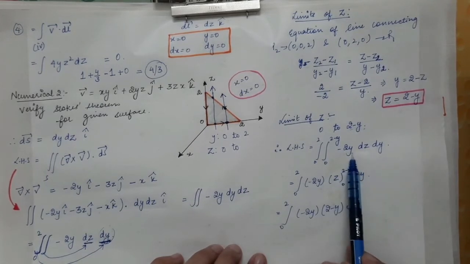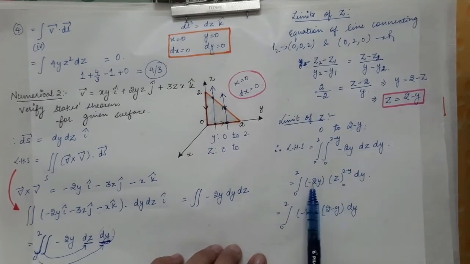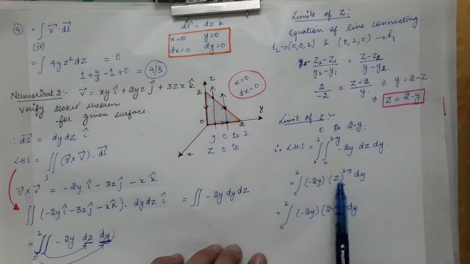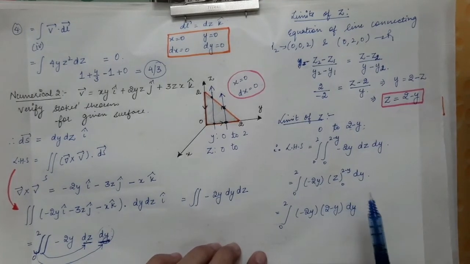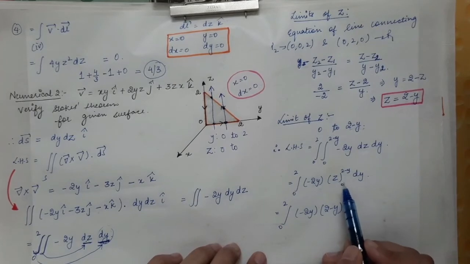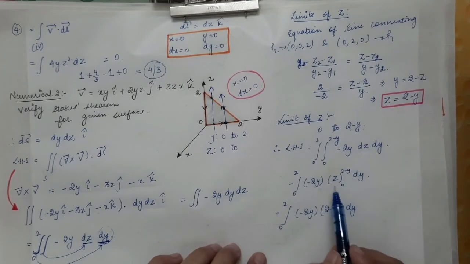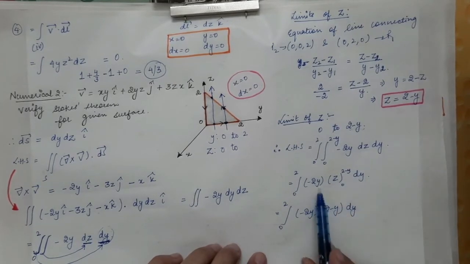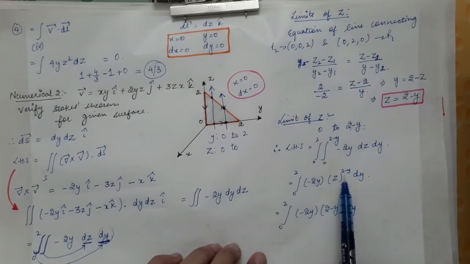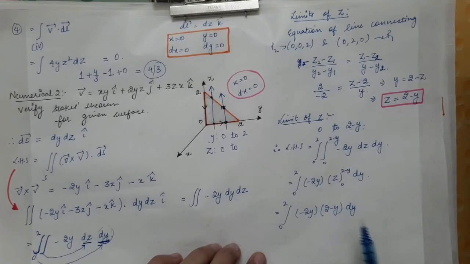Here we do not have any z variable, so minus 2y is a constant and can be taken outside the integral. The integration of the constant will be just z, with limits from 0 to 2 minus y. On evaluating this integral, minus 2y remains as it is, and you will get 2 minus y into dy.